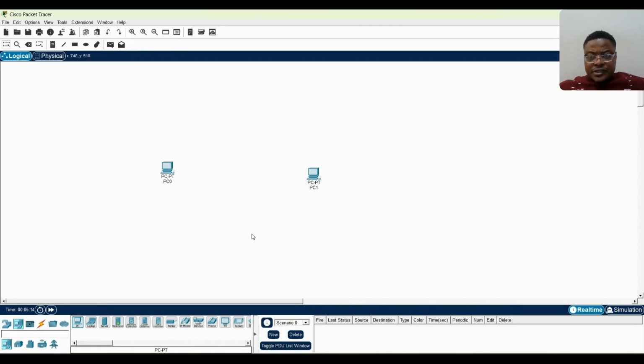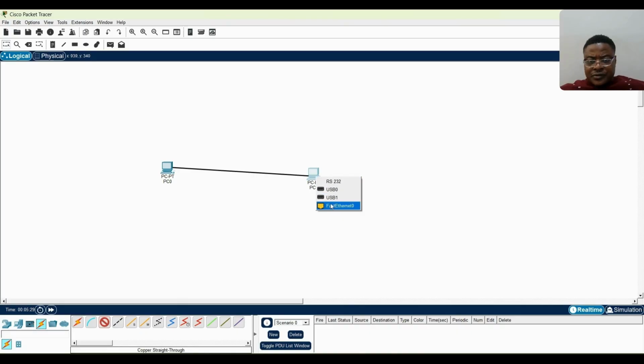I'm going to connect this, then I will use a copper straight wire to connect FastEthernet 0 to this. If you can see, this shows that this is the wrong wire. So I'm going to remove this. Then I'm going to use a copper crossover wire to connect.